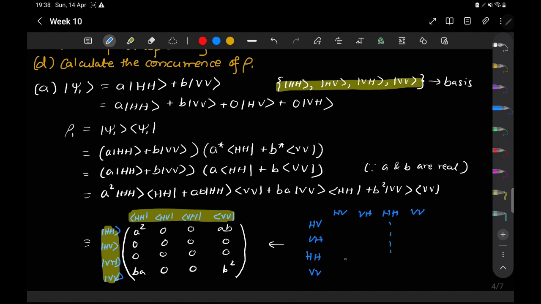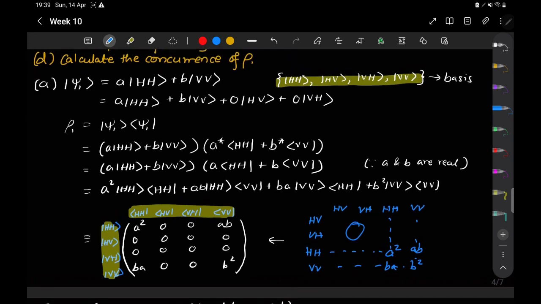In this case, this coefficient of HH is going to be a squared, and this VV part is going to be b squared, and HHVV, yeah, this is AB and this is BA. So you have to be consistent and the rest is going to be 0. So if you select this particular order, then your matrix will look like this.